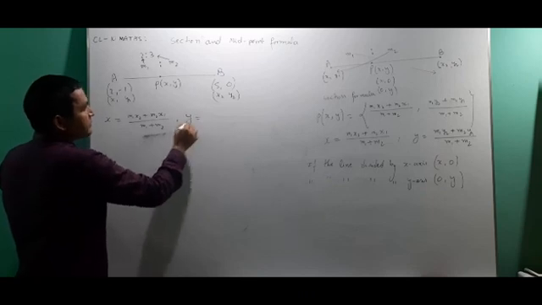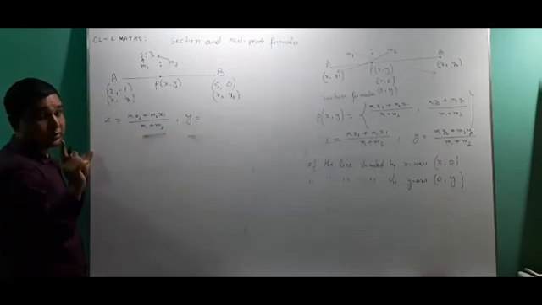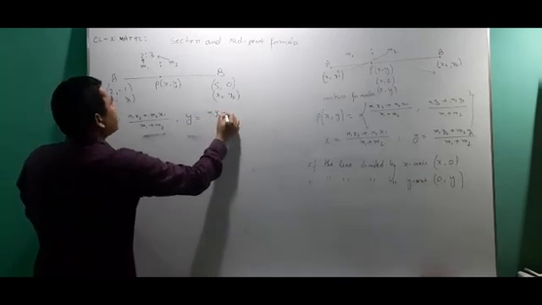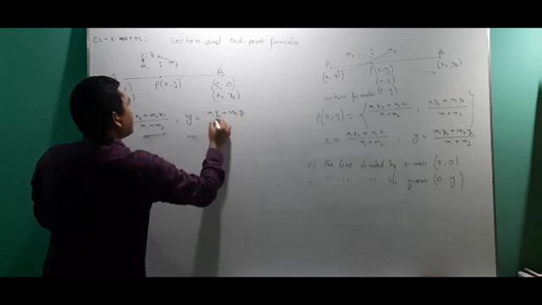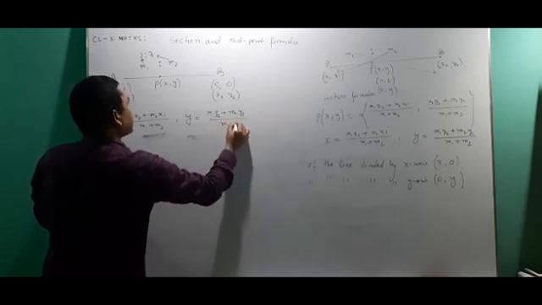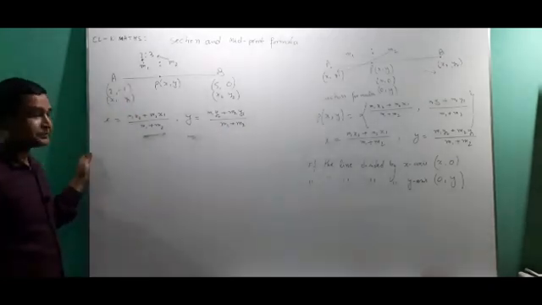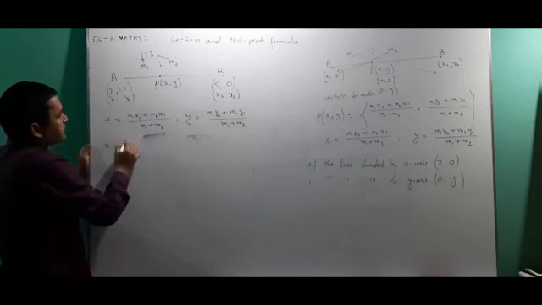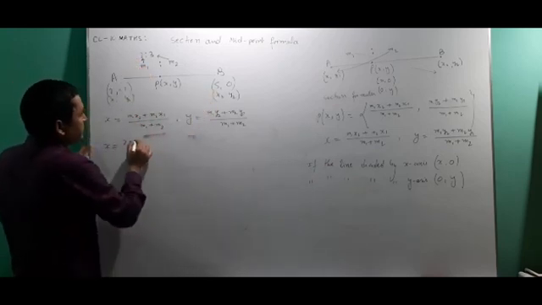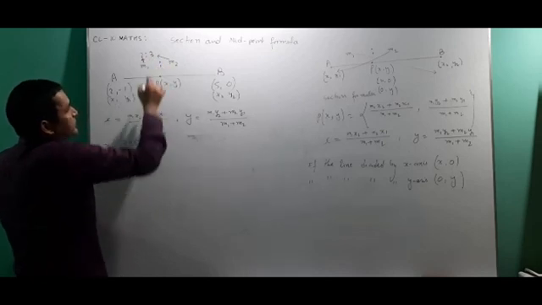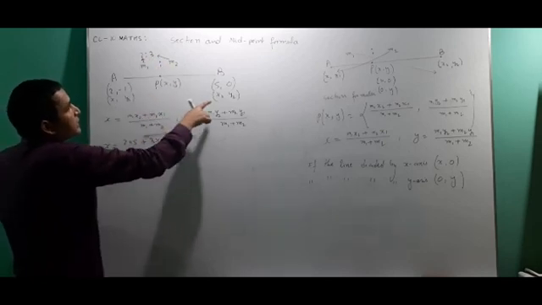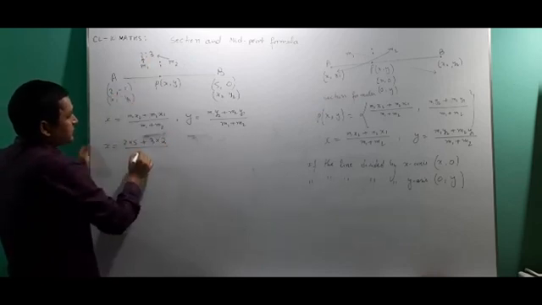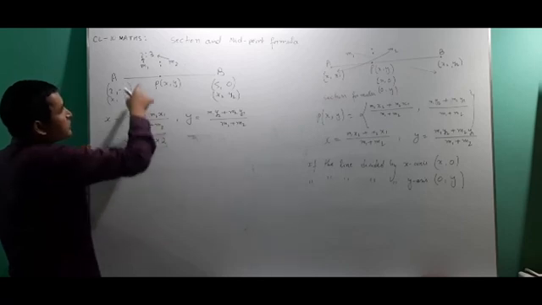Then for y, we always use the y-coordinates, don't use the x-coordinates. For y, same: m1 y2 plus m2 y1, divided by the sum of the ratio. Now substitute the values. m1 is 2, multiplied by x2 which is 5, plus m2 which is 3, multiplied by x1 which is 2, divided by 2 plus 3, because m1 plus m2 is 2 plus 3.